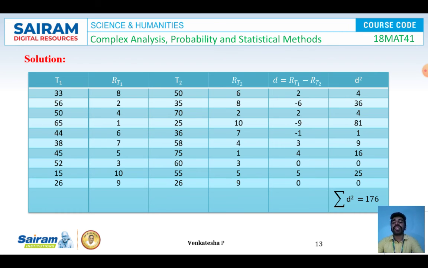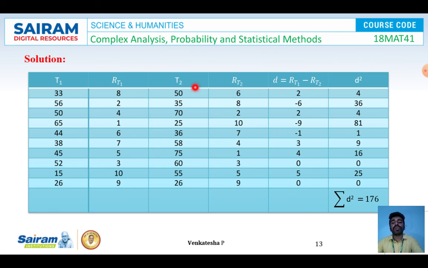So taking the highest marks as rank 1, lowest marks as rank 10. So the rank 1 is 65, for 56 rank 2, for 52 rank 3, for 50 rank 4, for 45 rank 5, for 44 rank 6, for 38 rank 7, for 33 rank 8, for 26 rank 9, for 15 rank 10.